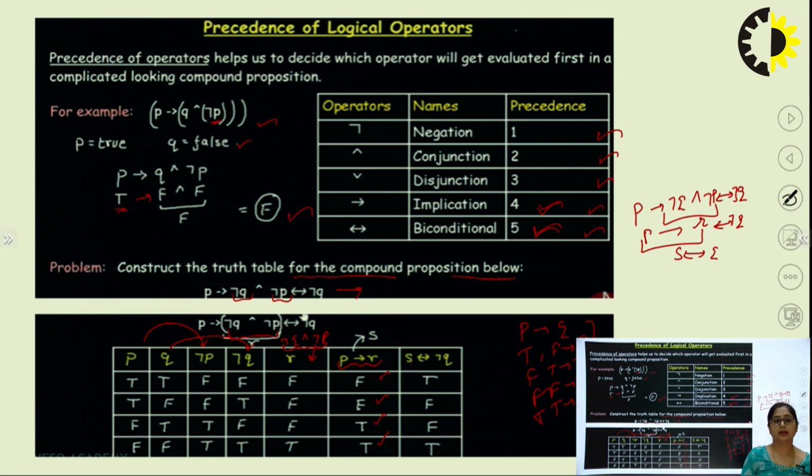The first is the negation, you have to solve the negation values. Secondly, you solve the conjunction operation. Third, the disjunction operation. Fourth, the implication, and fifth, at last, the biconditional statement. So based on precedence, any truth table problem you get, you can solve in the similar way.